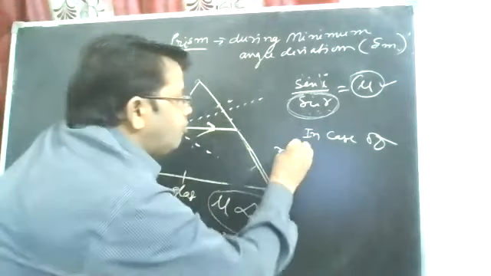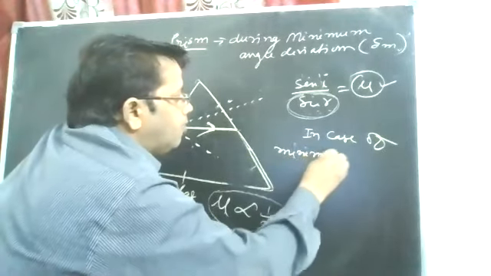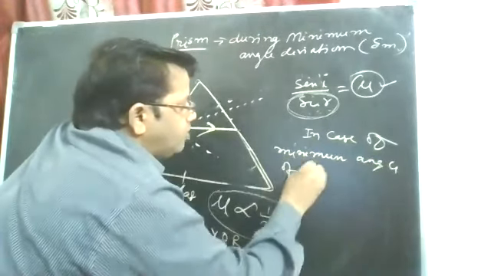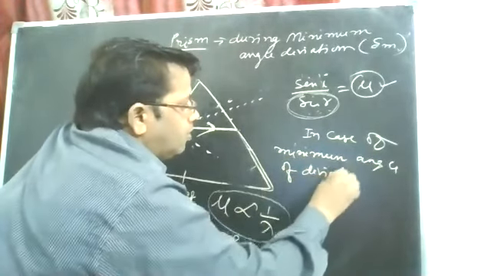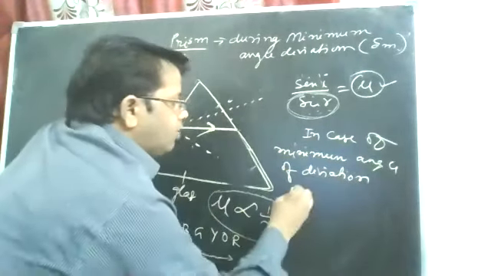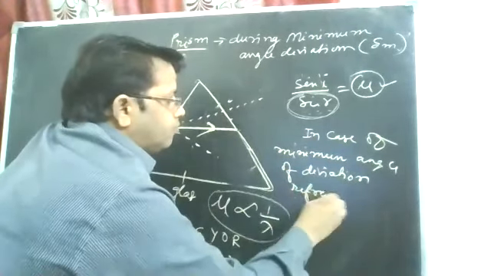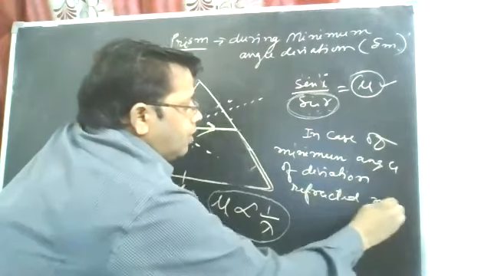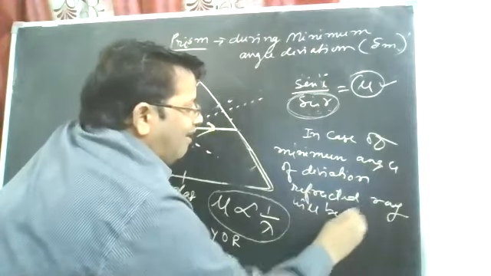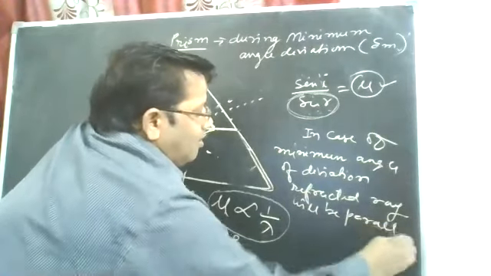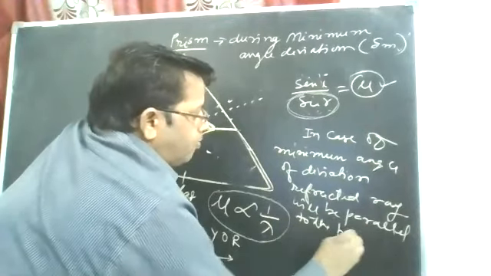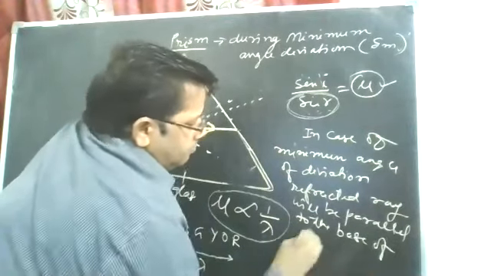In case of minimum angle of deviation, the refracted ray will be parallel to the base of the prism.